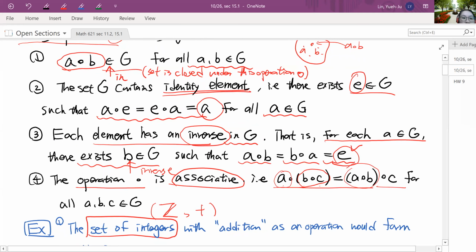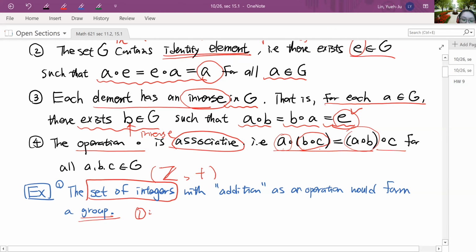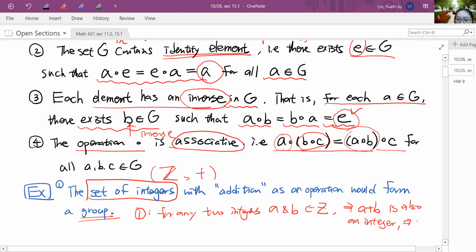You want to make sure that if you do A adding B, in this case addition, once you add up two integers, the result will still lie in the set, which means it will still be an integer. So let's check the first criterion. For any two integers A and B, we know A plus B is also an integer, which means A plus B is in the set.